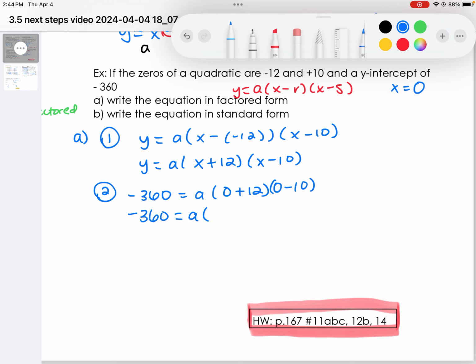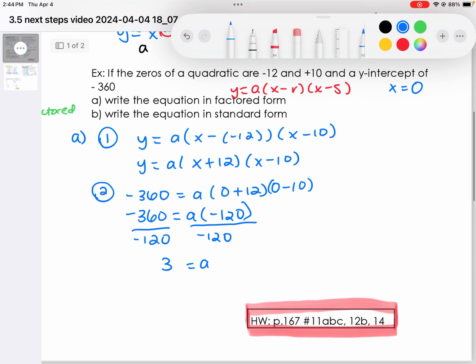That's okay. 12, positive 12 times negative 10 is negative 120. And then if you divide the negative 360 by the negative 120, you get 3. An A value of 3, that's okay.